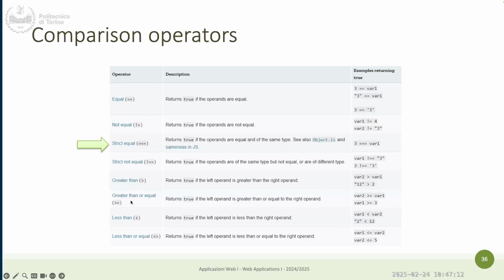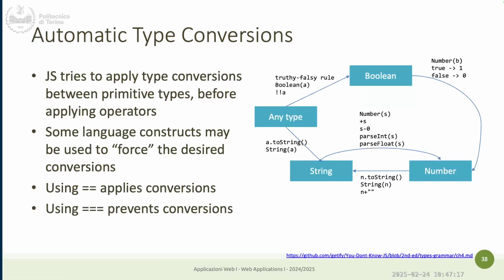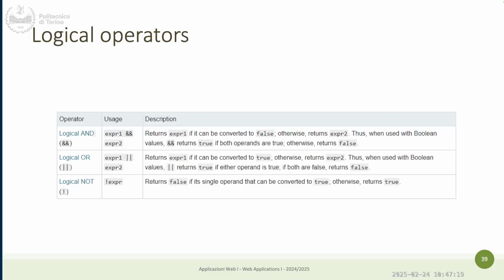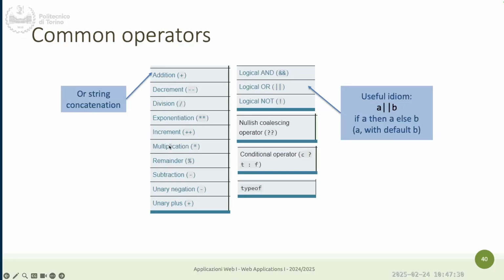And then we have the normal greater or less than operators, plus logical operators and, or, not with the same syntax as C, so double ampersand, double bar, and all the normal arithmetic operators: plus, minus, multiplication, division, increment and decrement, both prefix and postfix, and exponentiation, which is not in all languages. In this case, it is a double asterisk.